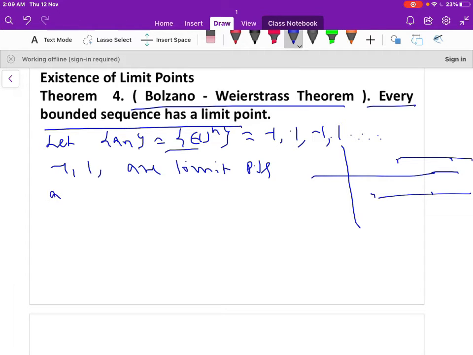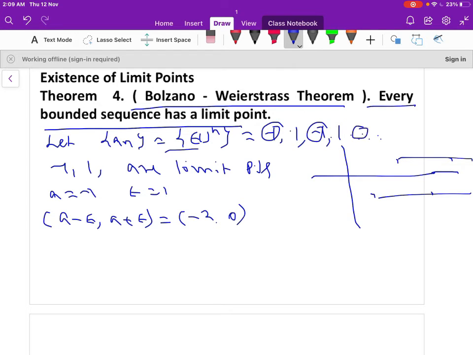As we observed previously, if we take a equal to minus 1 and epsilon equal to 1, let us construct the open interval (a minus epsilon, a plus epsilon). That is, when a is minus 1 and epsilon is 1, the interval is (minus 2, 0). This interval contains the points minus 1, the first term, third term, fifth term, and so on.